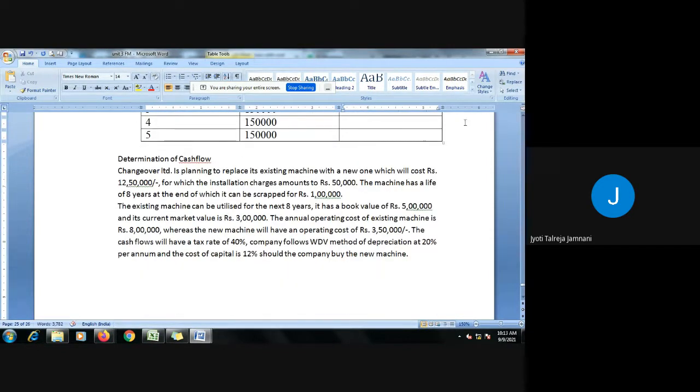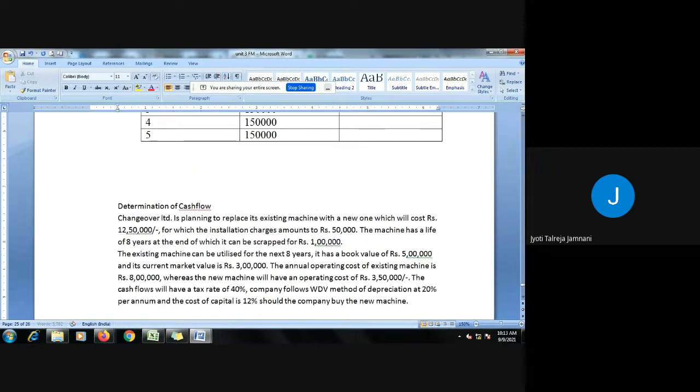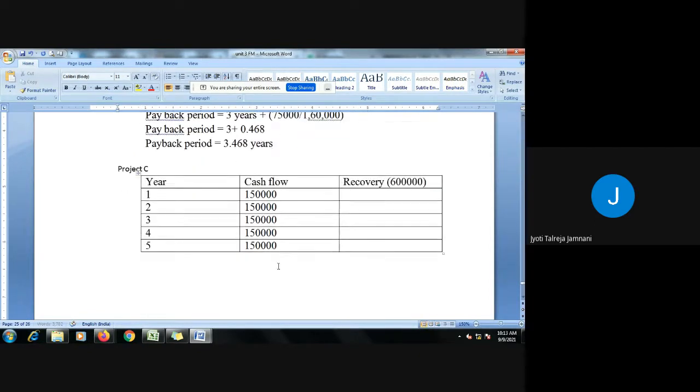Okay, now there's a shortcut way to do it because it is annuity, same cash flow every year. So we can say payback period is equal to initial investment divided by annuity, or you say annual cash flows.